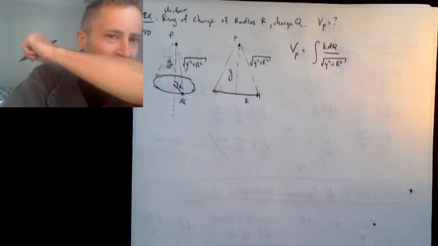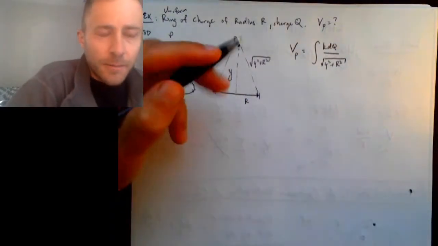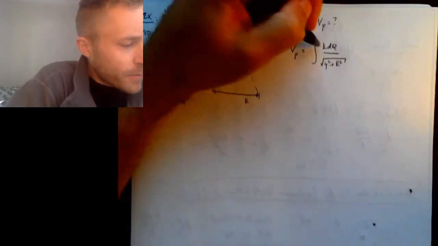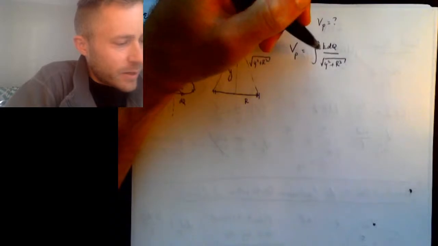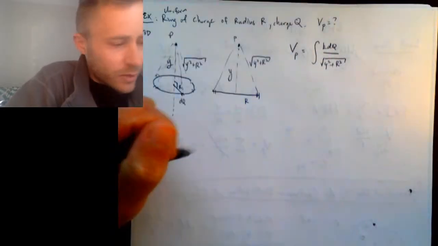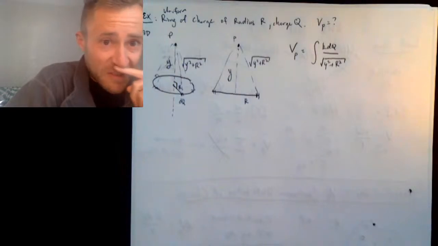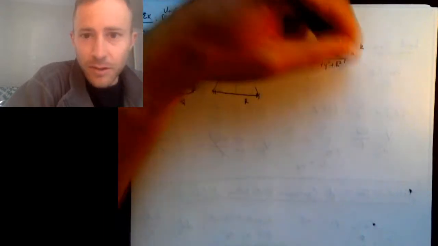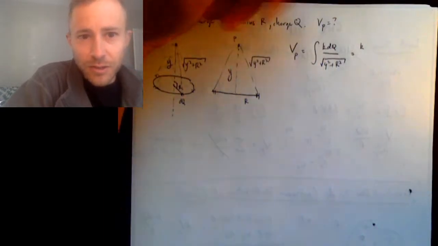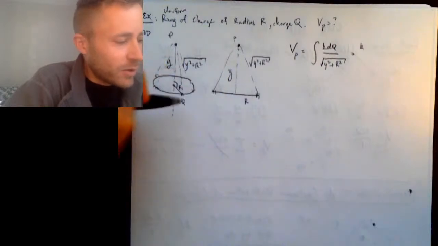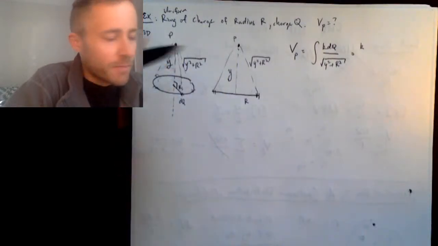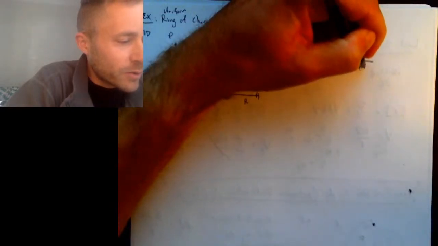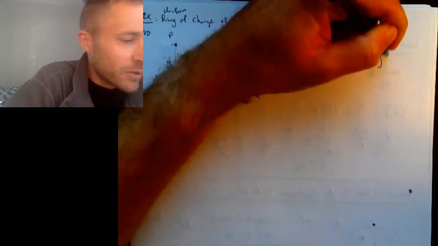So now what we want to notice is that all the little itty-bitty pieces of charge are the same distance away. So we can actually factor this out, because it doesn't matter what y is, it doesn't matter what r is, they're all the same distance away. So we just get k over the square root of y squared plus r squared times the integral of dq.